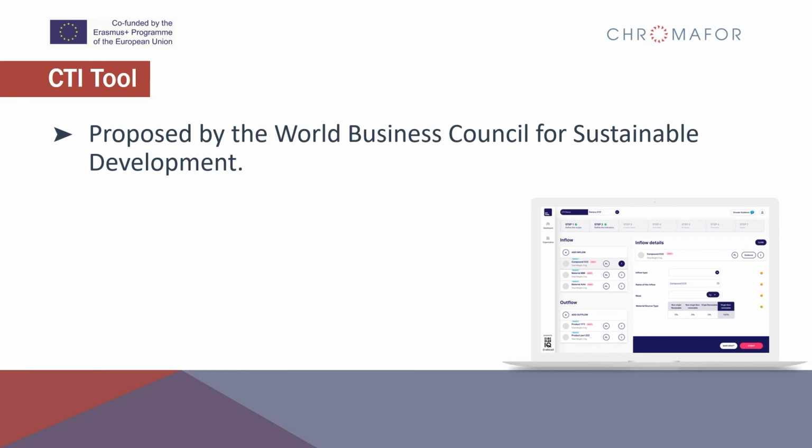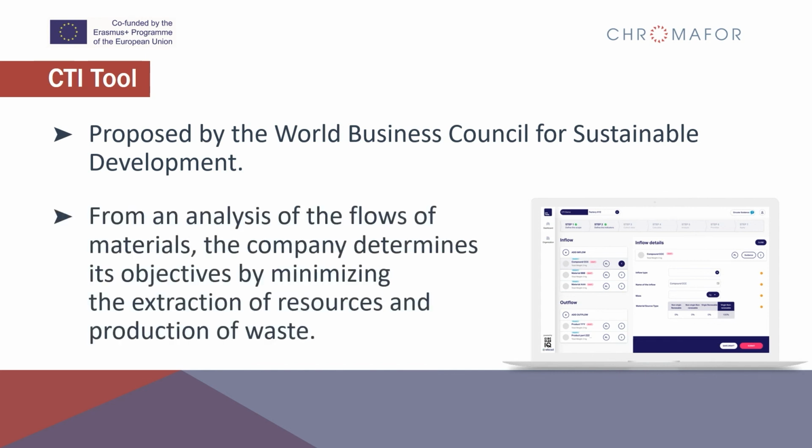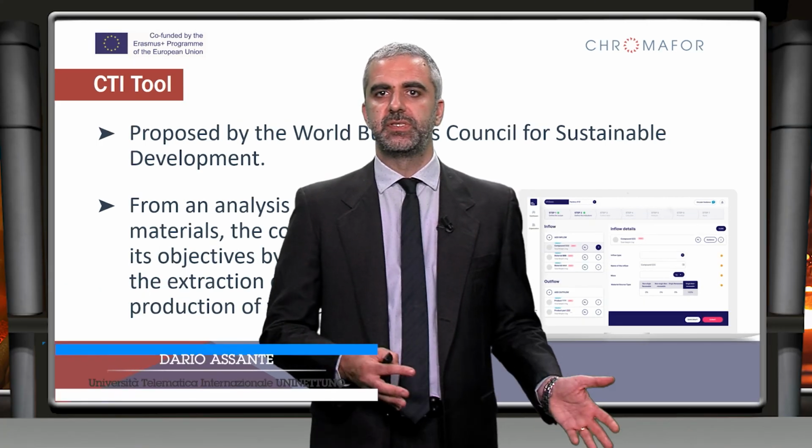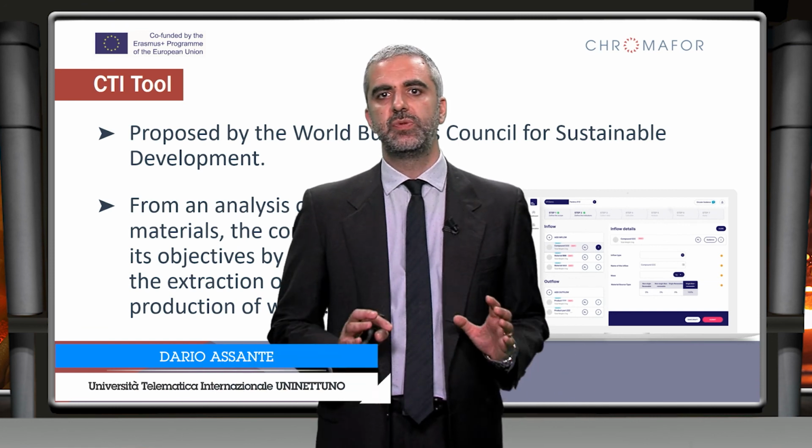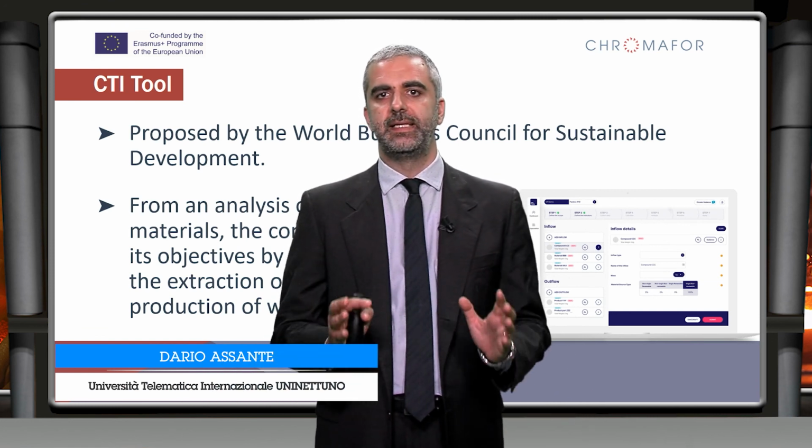The CTI tool has been proposed by the World Business Council for Sustainable Development. From an analysis of the flow of materials, the company determines its objectives by minimizing the extraction of resources and production of waste. So, differently from the previous tool that focuses on organization, so on processes, this tool focuses on materials.